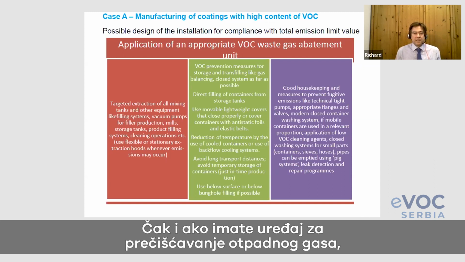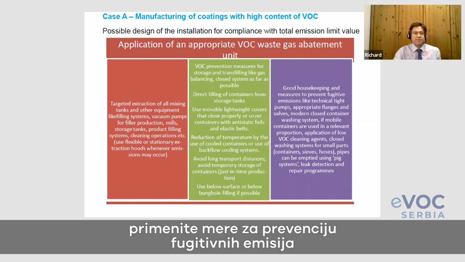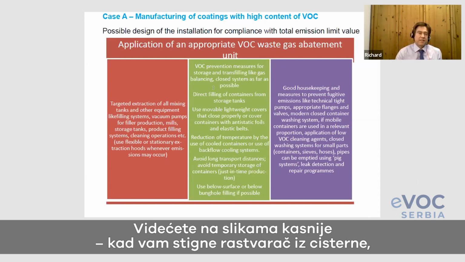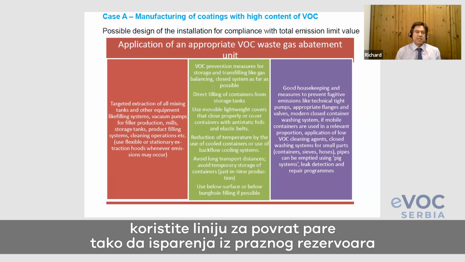Additionally, as I told you, even if you apply a waste gas abatement unit, make preventive measures, for example, gas balancing. You will see in some pictures then in some minutes, when you receive your solvent to your storage tanks by a road tanker, just use and apply a waste gas balancing line.